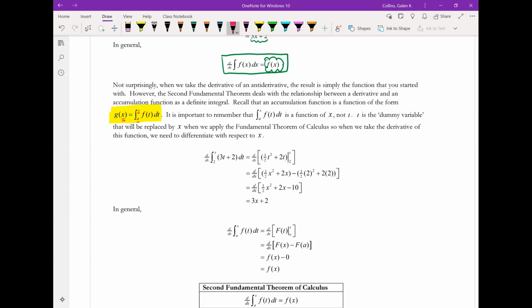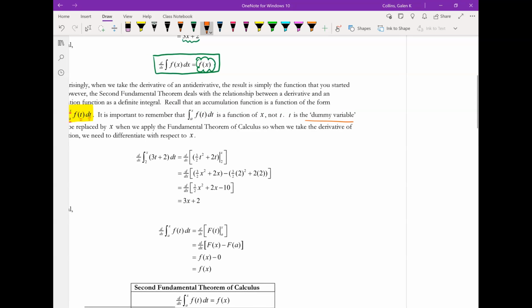I can also tell that because the function is g of x. So these t's that we're left with, f of t, dt, that's what we call a dummy variable. When we apply the fundamental theorem, it will be replaced with x.